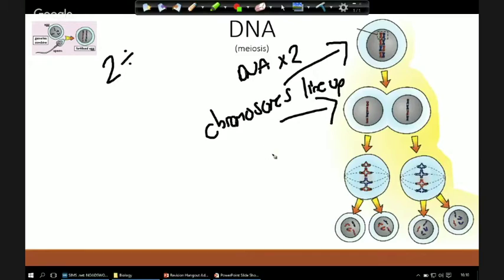Now, at this point, the pairs are pulled apart. So each new cell only gets one copy of the chromosome.